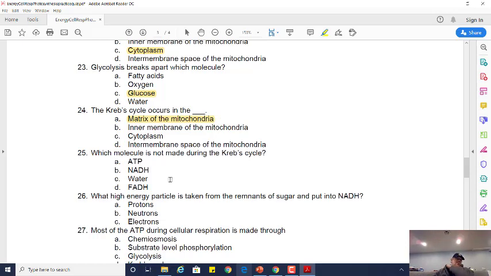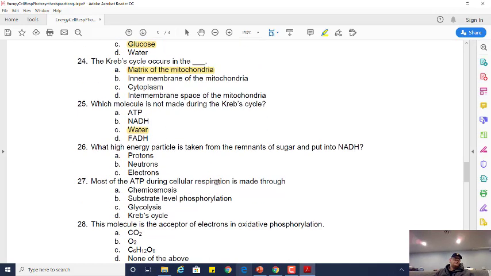Which molecule is not made during the Krebs cycle? That's water, sorry. 26. What high energy particle is taken from the remnants of sugar and put into NADH? That's electrons.